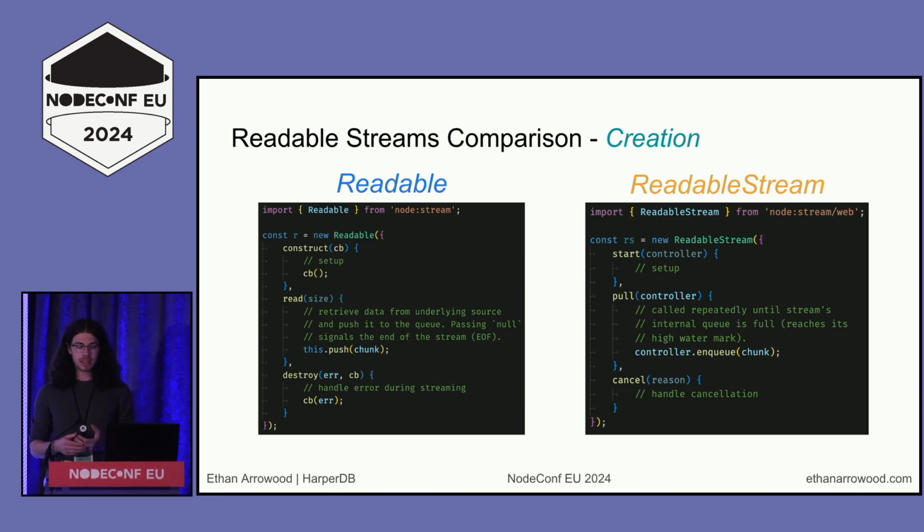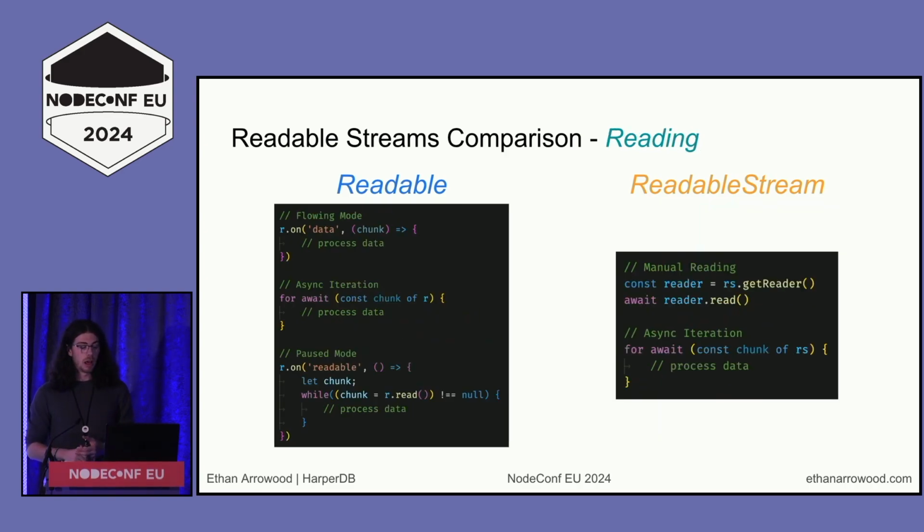There's a read method. This is your key, your mandatory one. This is where you would retrieve data from the underlying source, and you would use the this.push method to push that into the queue for it to then be read from when it's consumed. On the web ReadableStream side, it's the start and pull methods, which give you a controller, and you would do controller.enqueue on that chunk for a similar effect.